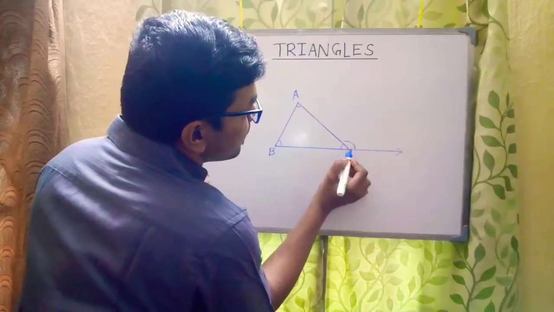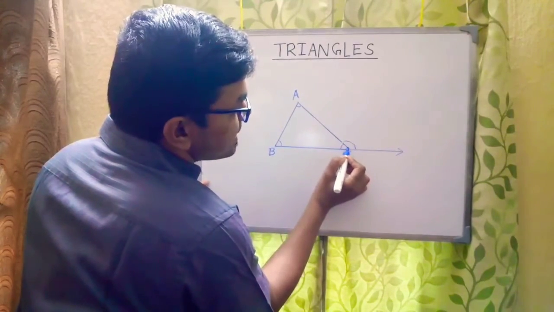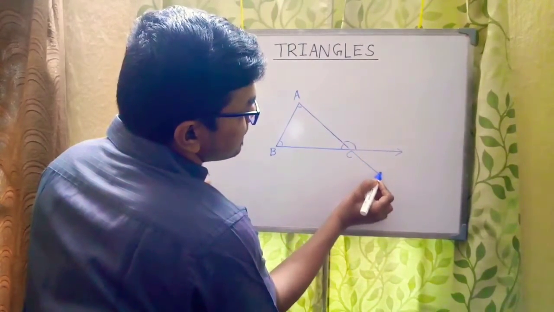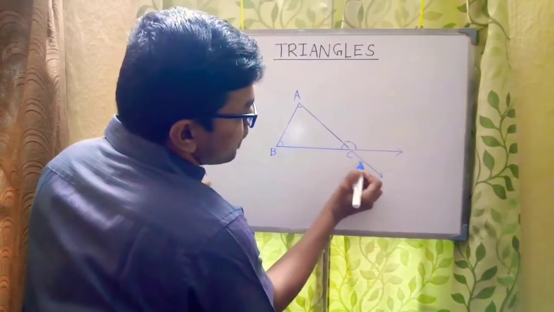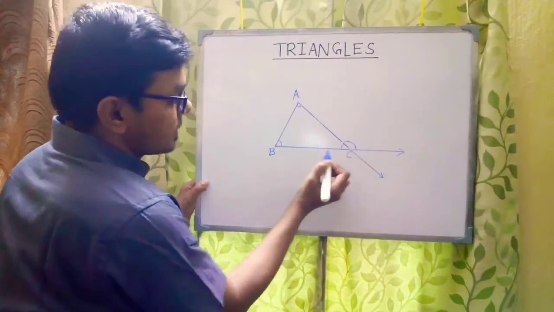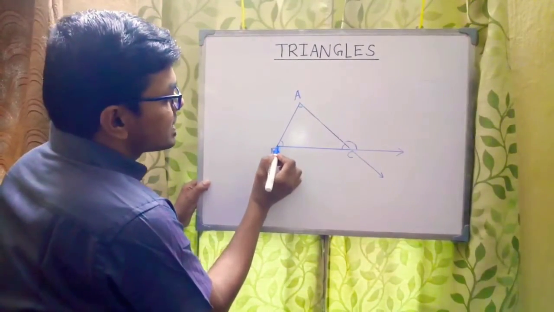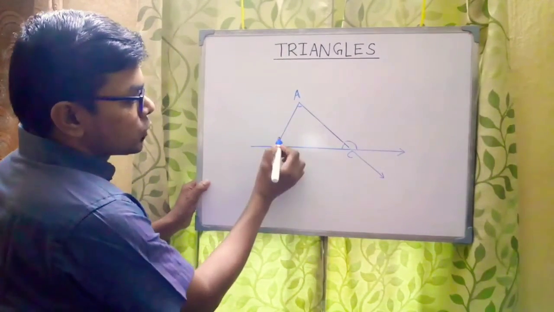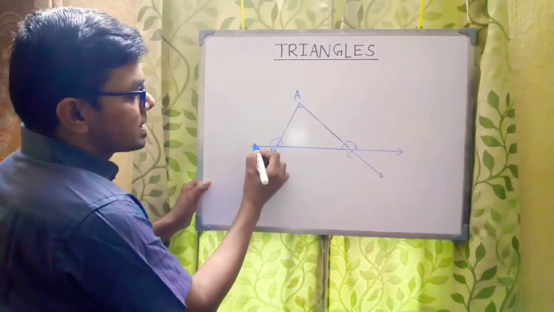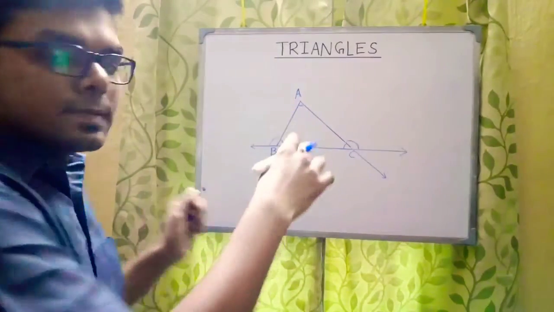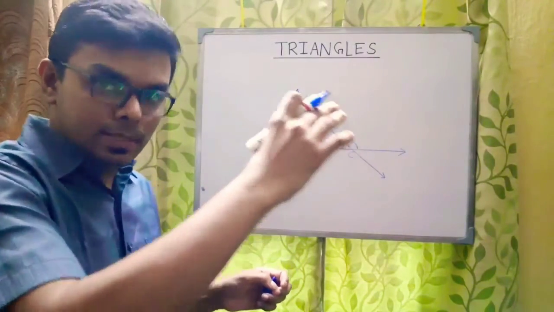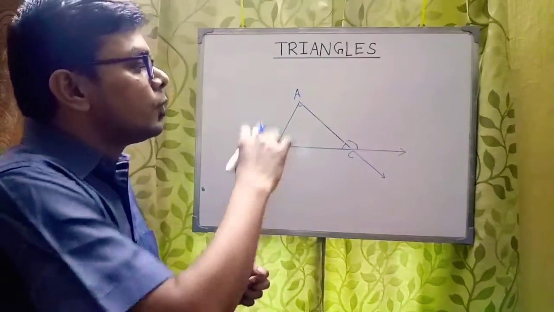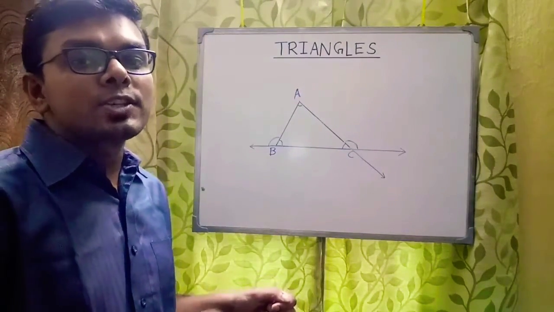If I would have extended the side AC in this way, then we would have got another exterior angle here. I would have done the same on this side, that is CB produced backward. So I would have got another exterior angle over here. So in this way, if we produce any side of the triangle, we would get many exterior angles.